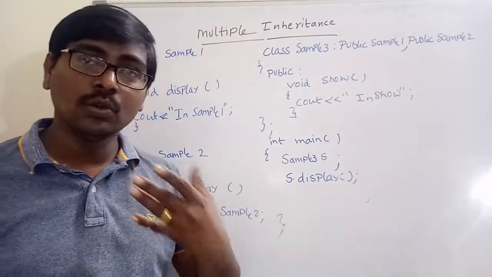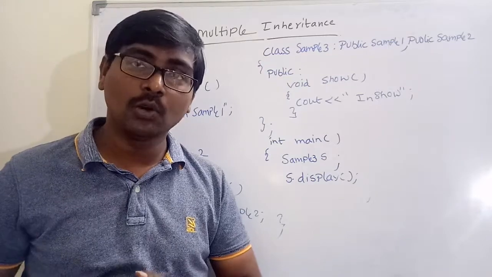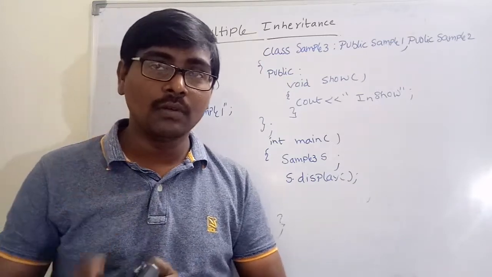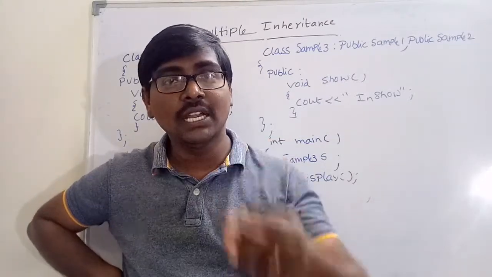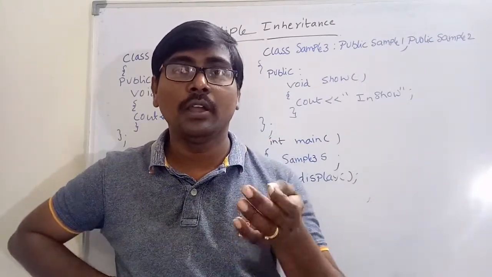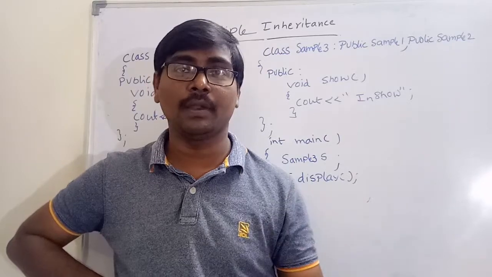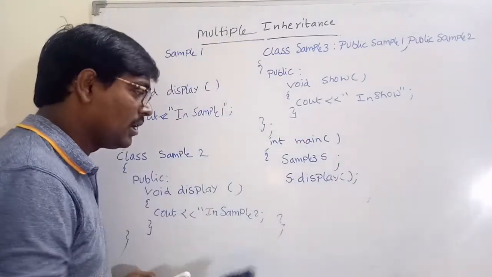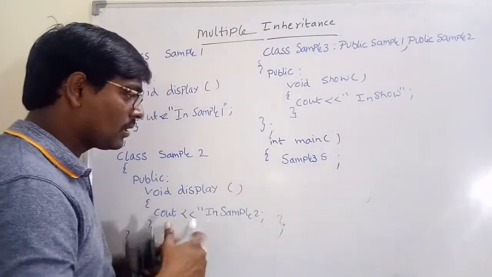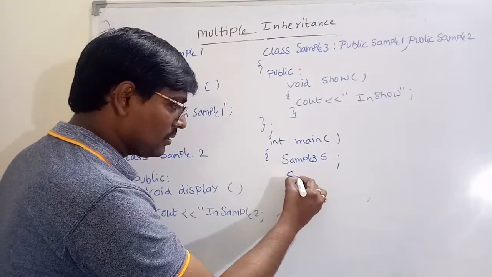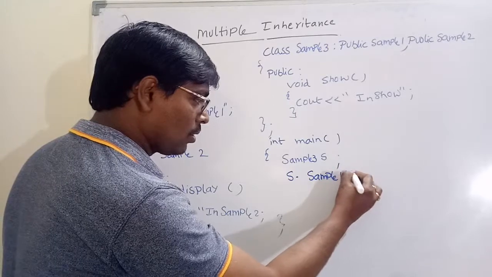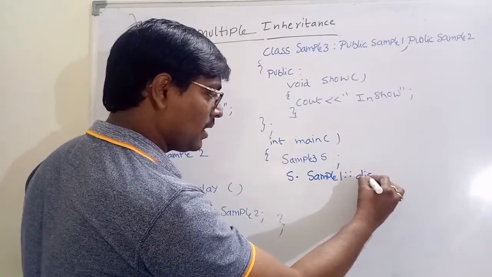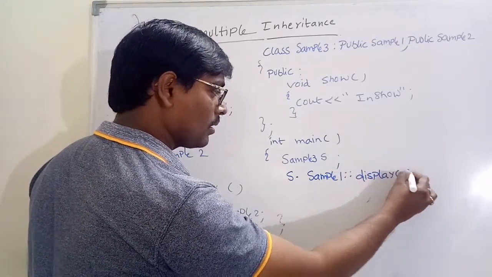How to resolve the ambiguity? How to overcome the problem? Everyone knows, when you define a function outside a class, we use the scope resolution operator. Similarly, here you can write s dot sample 1 scope resolution display.